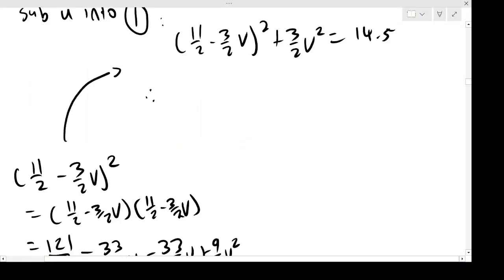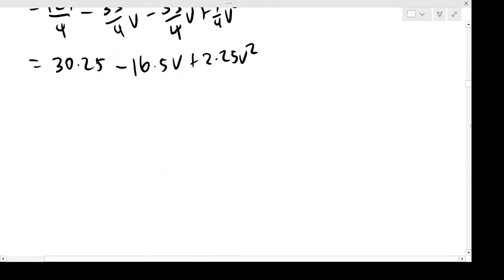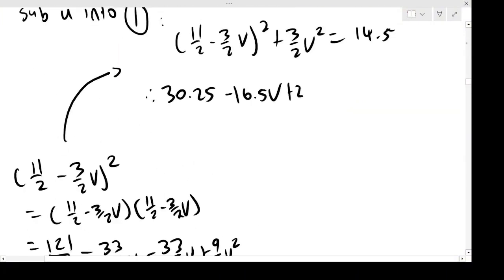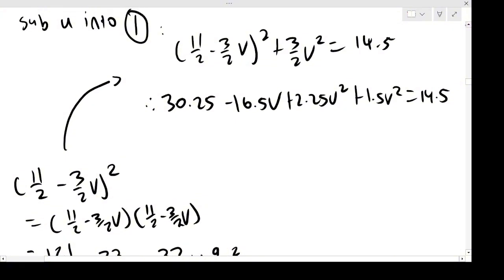So therefore, that will be 30.25 minus 16.5 v, add 2.25 v squared. Then we're going to add on this extra 3/2v squared, so that's 1.5 v squared is going to equal 14.5. And now we can simplify this.